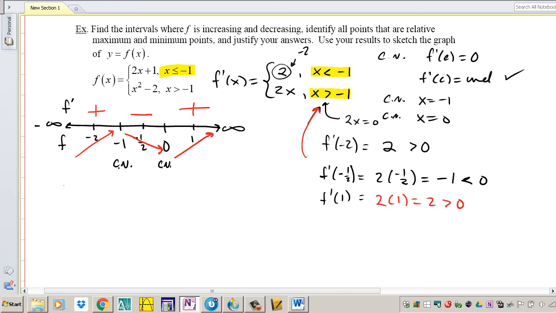So I have a maximum. F has a max at x equal to negative 1 because f prime changes from positive to negative.